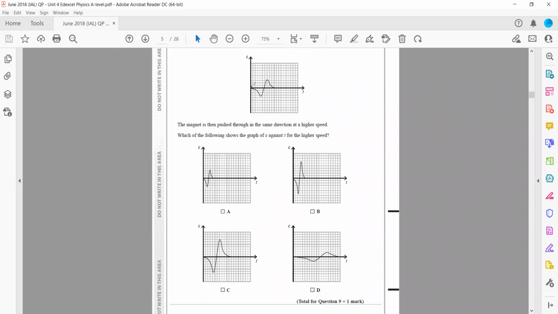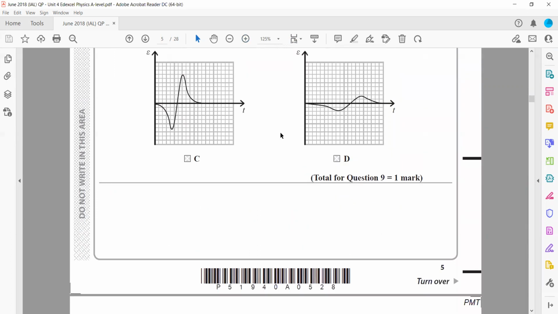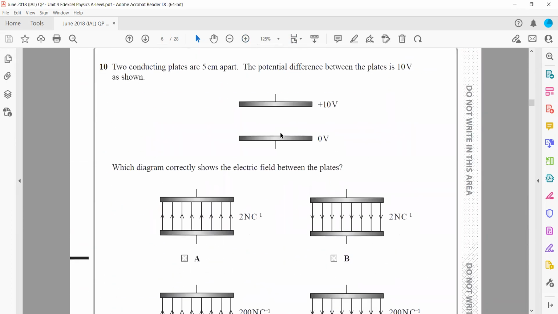So it should take a shorter time and the induced EMF should be higher. So B will be the right answer, because according to Faraday's law, a greater change in magnetic field induces a greater EMF.